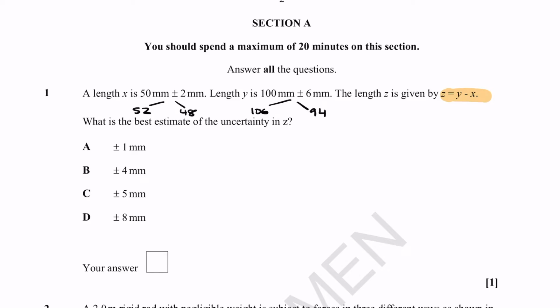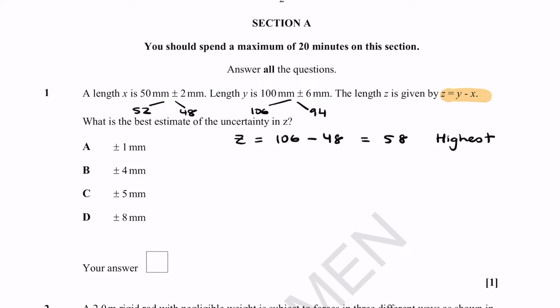To work out the highest possible value of z, we are going to use the upper bound in y, so as to get the biggest difference, which is 106, minus the lower bound in x, which is 48, and that will give us 58 millimeters. So this is the highest value.